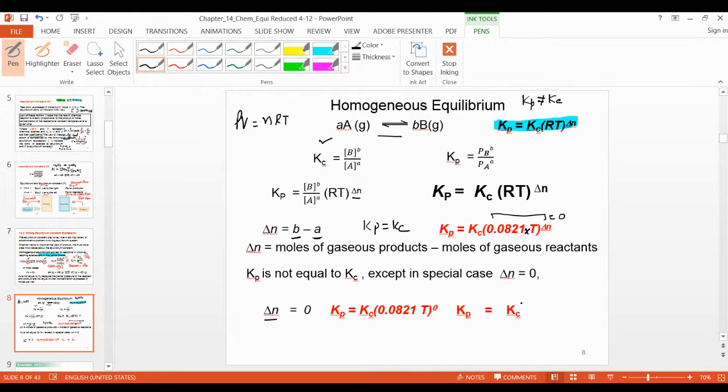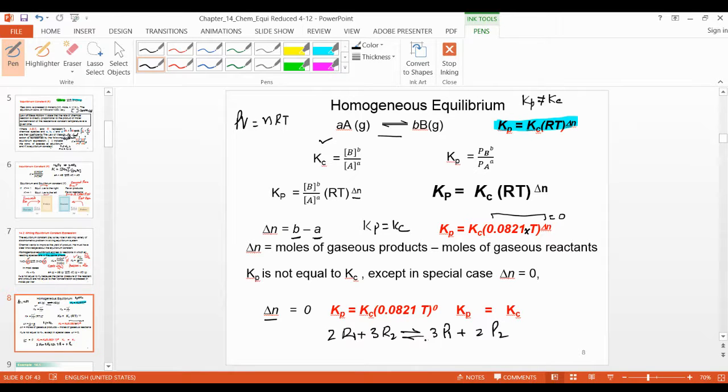So how do you calculate delta N? You remember that? The coefficient of the products minus the coefficient of the reactants. Is it clear? Okay, now suppose we have 2R1 plus 3R2 going to 3P1 plus 2P2.